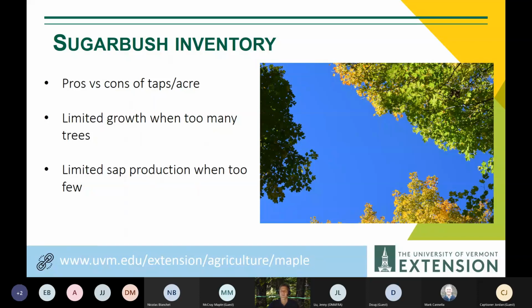You are stunting the growth, and we know from previous research that smaller trees typically will have less sap on a per year basis. So remember that it's not just maximizing the number of taps per acre; it's maximizing the yield per acre and also the growth over the long term.